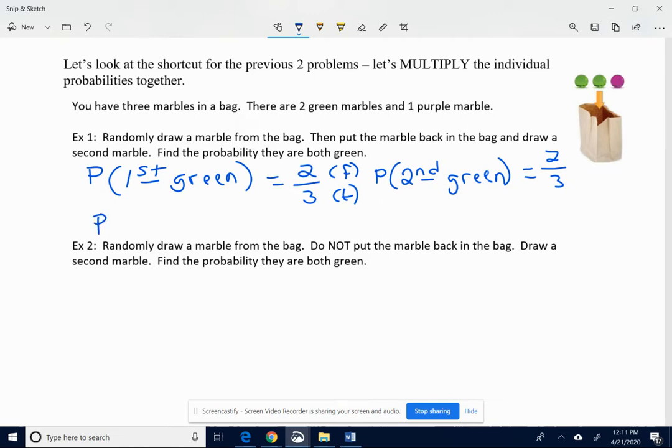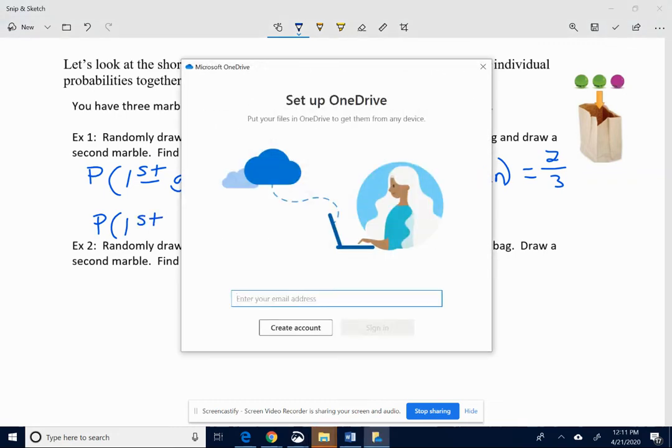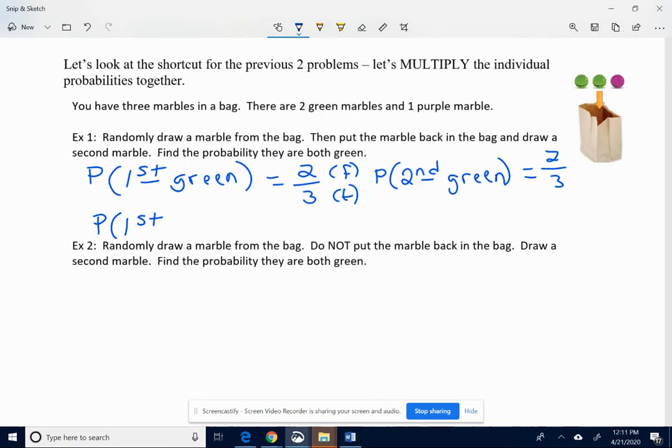Now I'm going to find the probability of the first one being green and the second one being green. All we do is multiply those 2 individual probabilities together. 2/3 times 2/3.